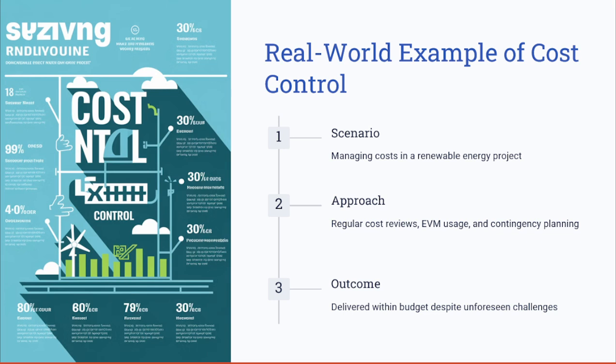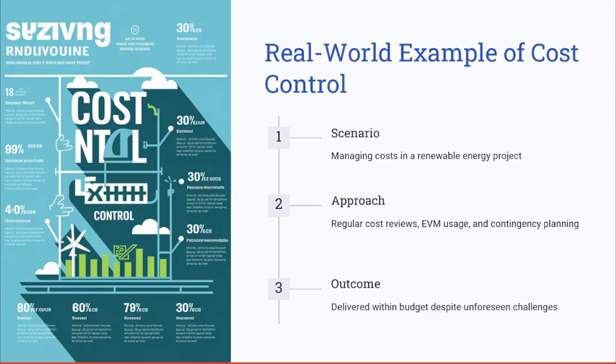Let's now take one of these real-world examples of cost control. In a scenario of a renewable energy project, managing the cost, unforeseen challenges like equipment delays threatened to escalate the costs. The approach here was implementing EVM and understanding the cost variance and the cost performance index, which showed a negative value.